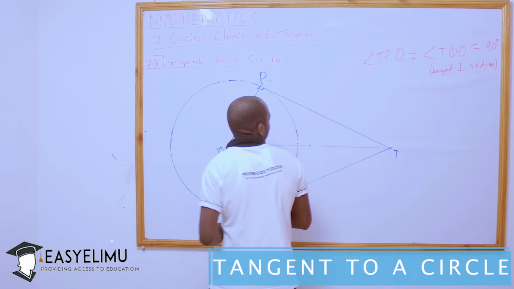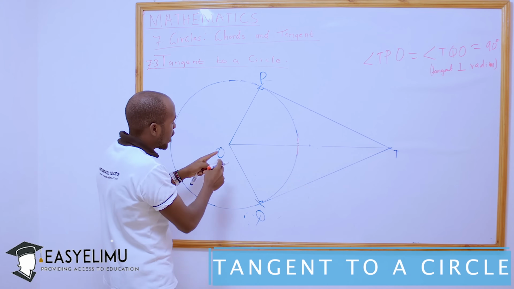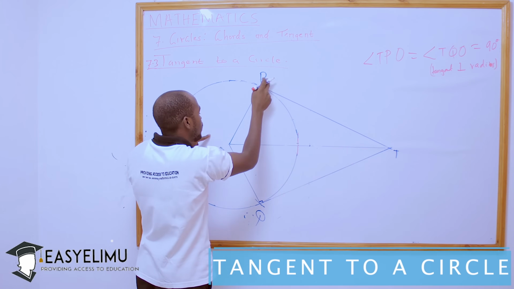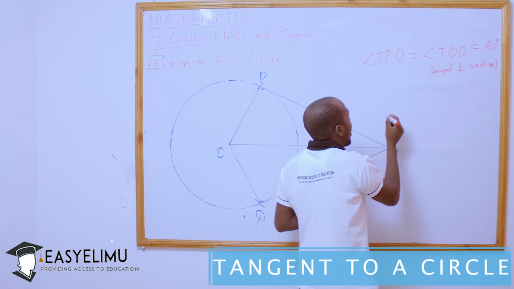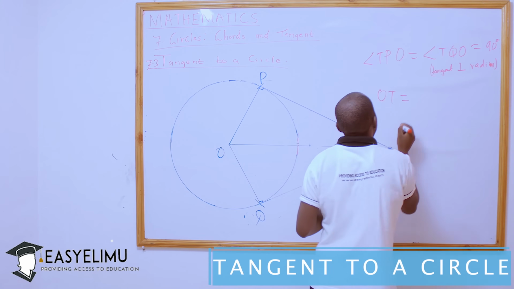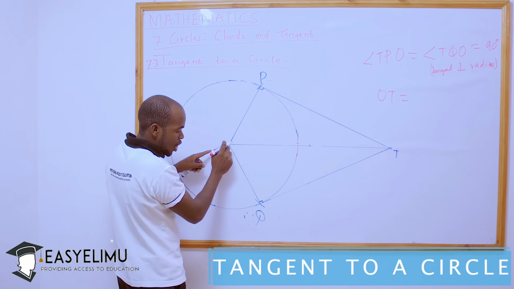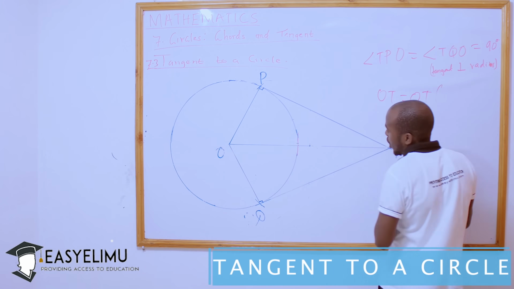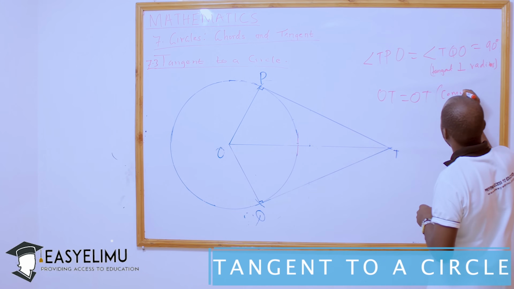We can also observe that in triangle TPO, the line OT is equal to line OT of triangle OQT, since it is a common line between them.